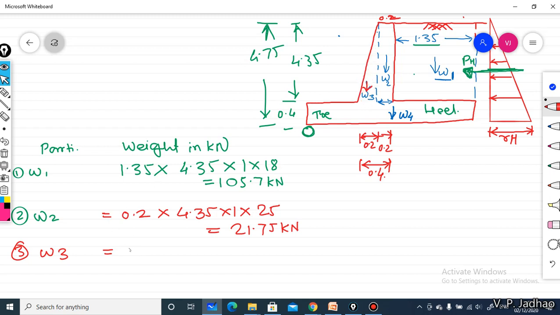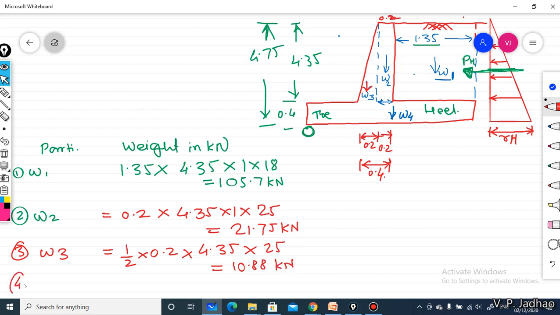So the area of this triangular portion is half into base 0.2 multiplied by height, again 4.35, multiplied by the unit weight of concrete. So this comes out to be 10.88 kilonewton.